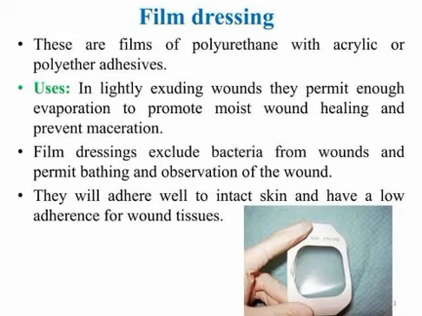The next one is film dressings. In this picture, we can see that in the middle of the white area there is a film-like structure made of polyurethane with acrylic or polyether adhesives, which is mainly used for wounds with enough evaporation, so that it can easily absorb the moisture from the wounds, helps in the healing process, and prevents maceration.